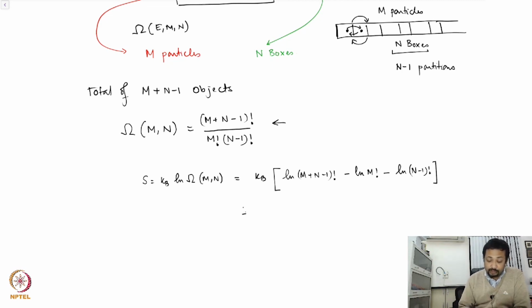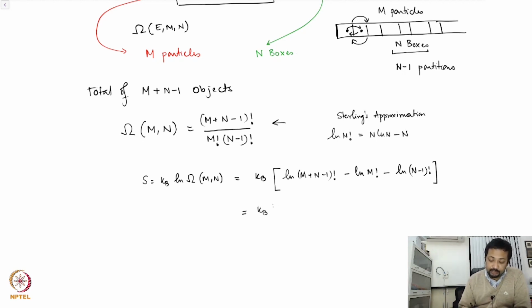So if I now use Stirling's approximation, if you recall, Stirling's approximation essentially approximates the log of a factorial, for large enough n, as n ln n minus n.